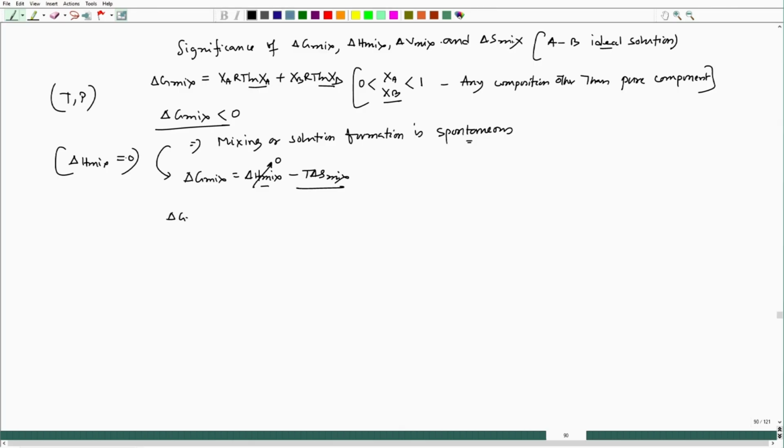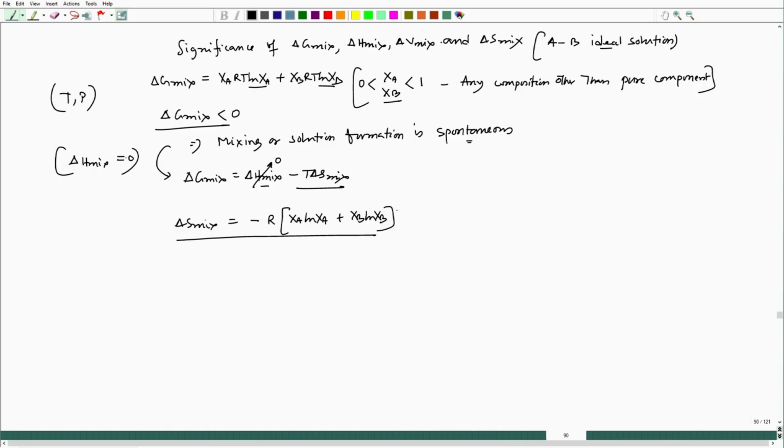So, delta G mix, or we can say delta S mix equal to minus R (xa ln xa plus xb ln xb). So, from here, if you see this, this is the one.